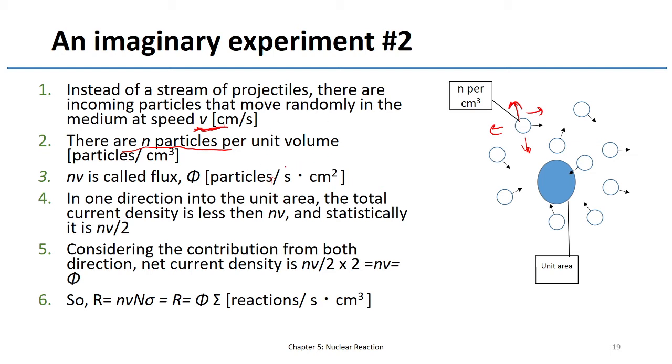This time, instead of current density, the multiplication of n with v is called flux. We use the symbol phi to express flux.